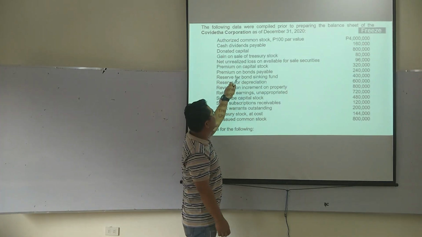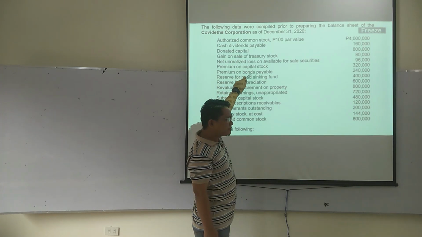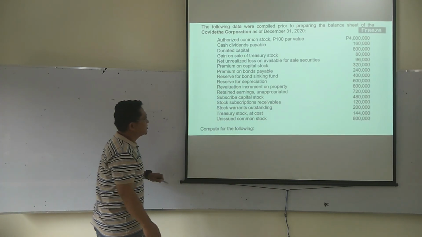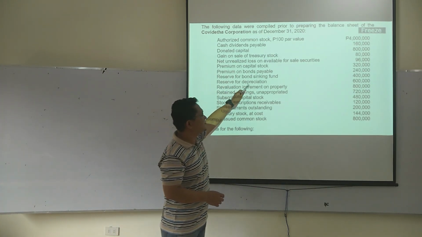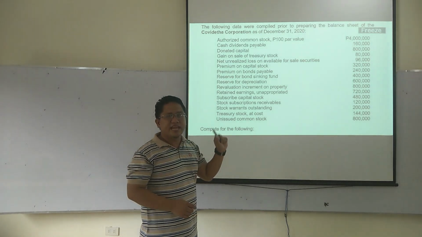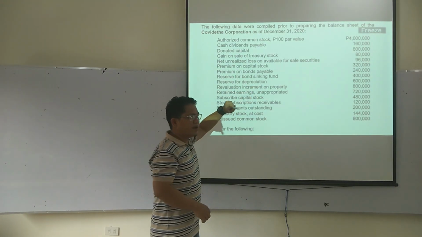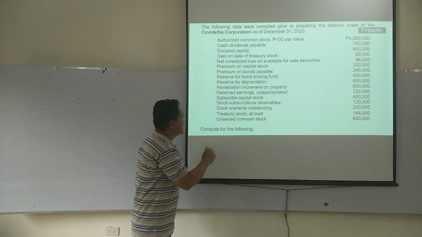Bonds payable, long-term liability. Premium on bonds payable is part of your liabilities. Reserve for bond sinking fund, of course, that's retained earnings appropriated for your bonds payable. So we appropriate retained earnings for that. So this is a deduction to retained earnings.